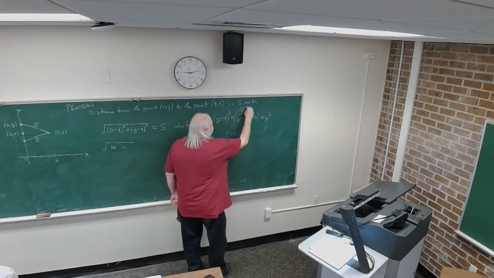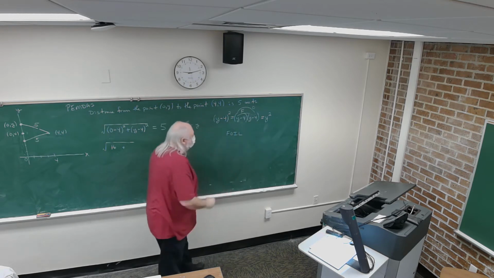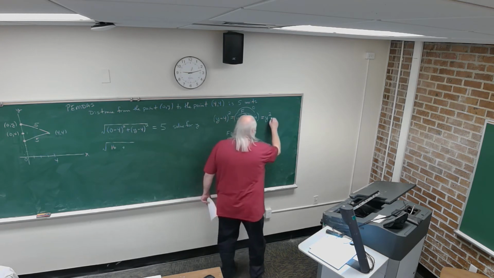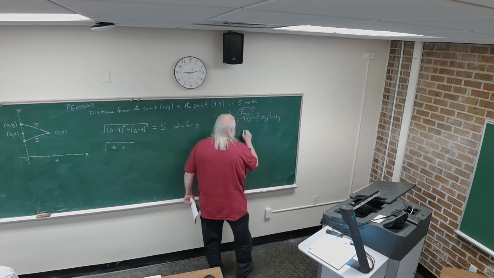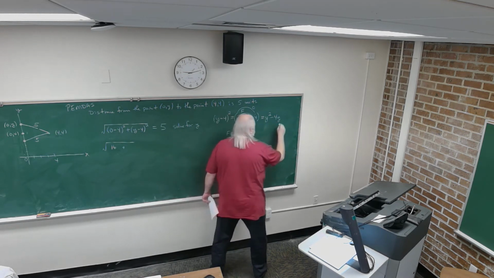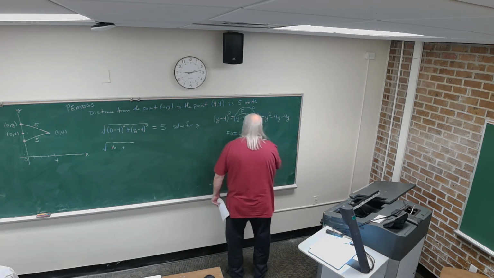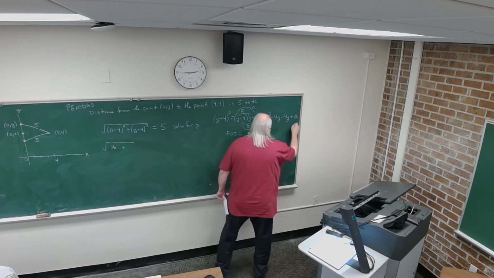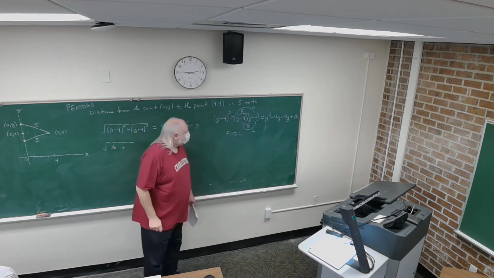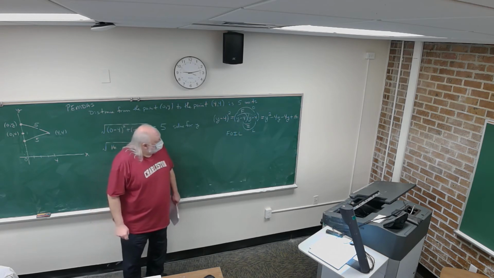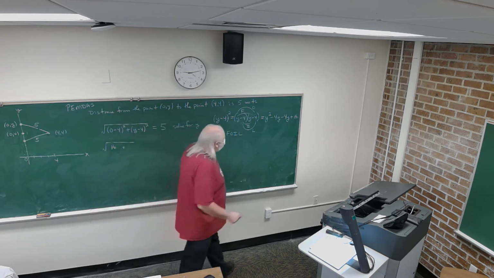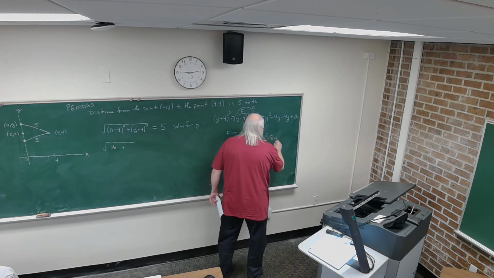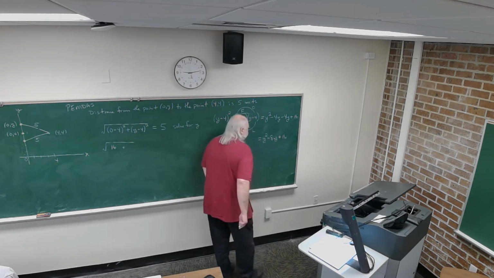Then when you multiply outer terms, you have minus 4 times y. When you do inner terms, you have minus 4 times y. And when you do last terms, you have minus 4 times minus 4, which is plus 16. When you combine like terms, you end up with y squared minus 8y plus 16.